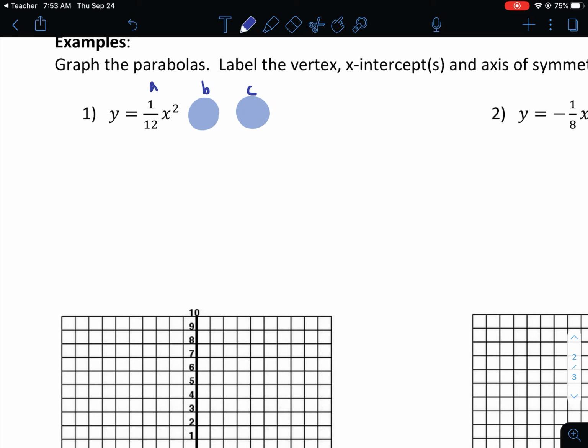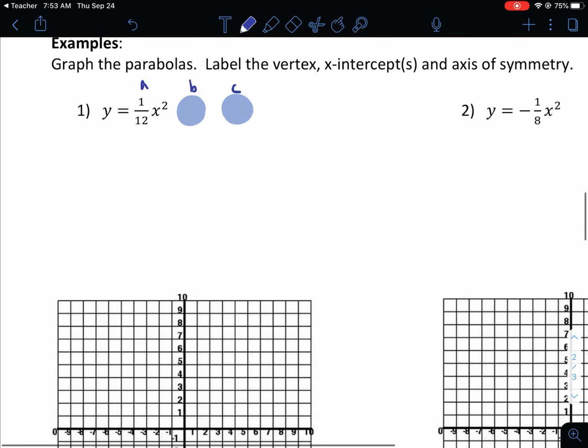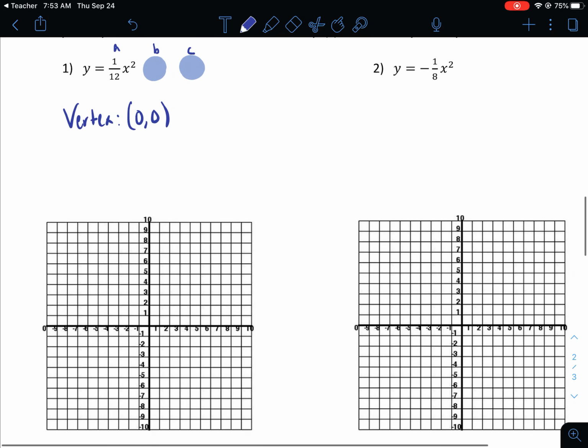It's going to be at 0, 0. If there's no b or c, the parabola is going to start at 0, 0. So I can already put that my vertex is 0, 0. So when I go to plot this on a graph, 0, 0, there's my point.